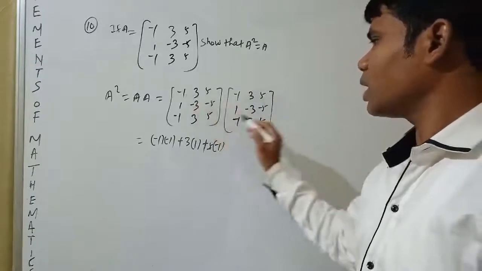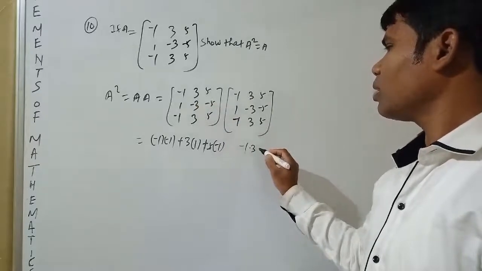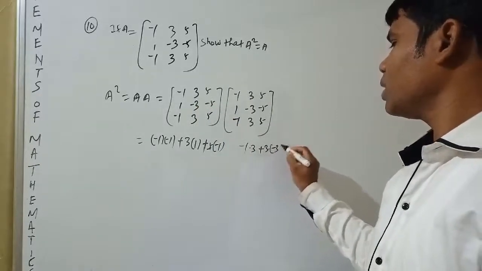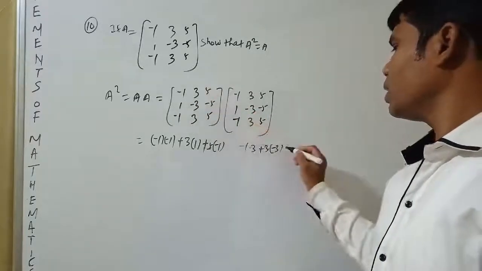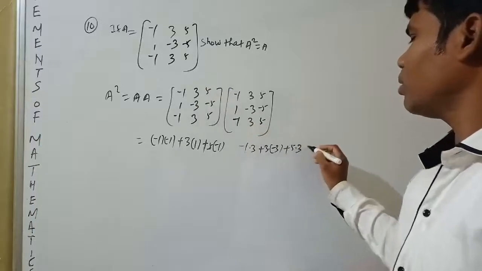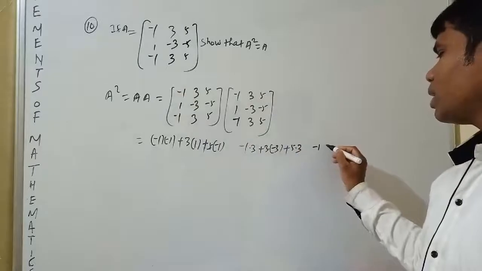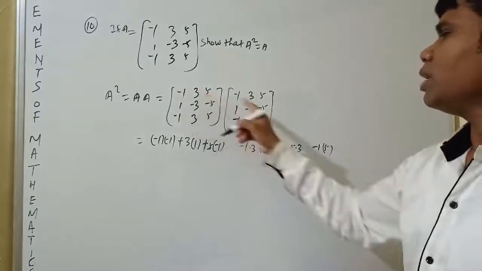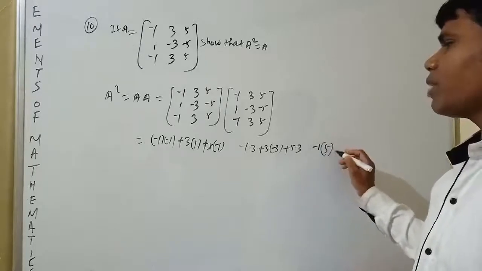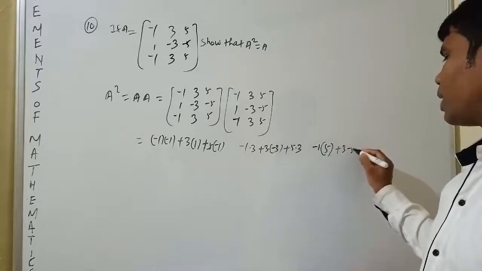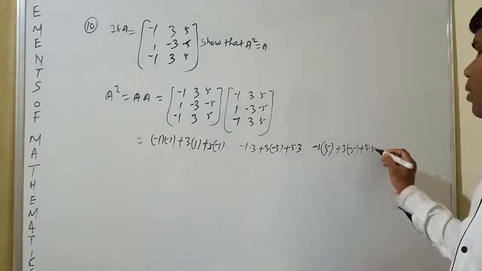That means -1 into 3 plus 3 into -3 plus 5 into 3. Next -1 into 5, 3 into -5 plus 5 into 5.